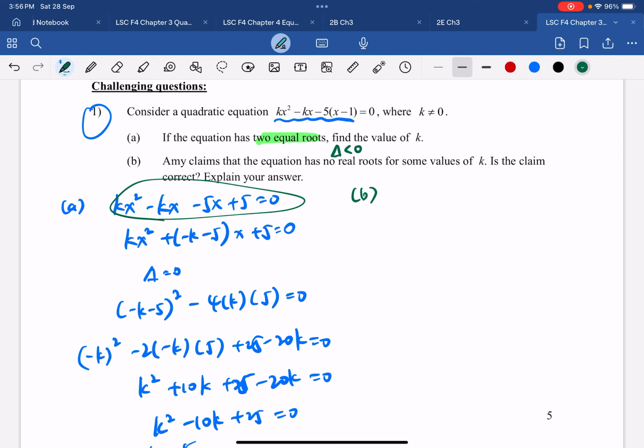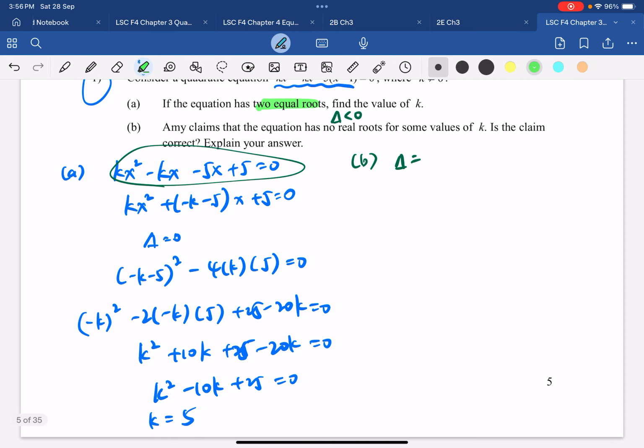So let's see, what's the delta in this case? Actually, you found it. Delta equals k squared minus 10k plus 25. Is there any possibility for this polynomial to be less than 0?